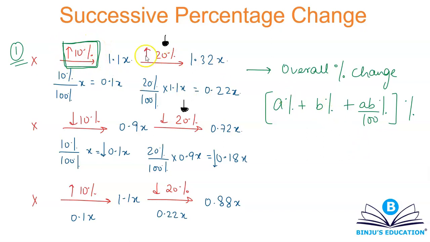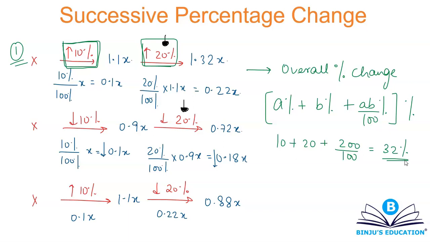And B is the second percentage change, which is an increment of 20%. Now if there is an increment, then you will take the numbers with positive sign. If there is a decrement, then you will take the numbers with negative sign. In this case, they both are increased. So my answer is 10 plus 20 plus 10 into 20, that is 200 by 100. So that is equal to 32%.